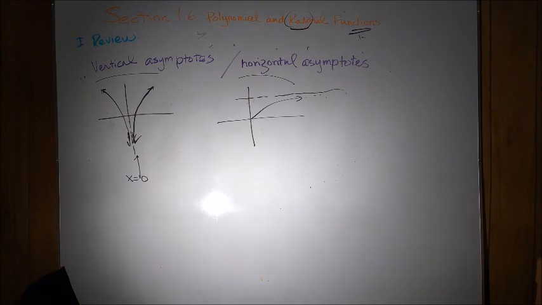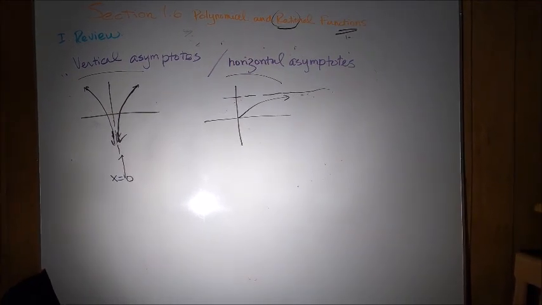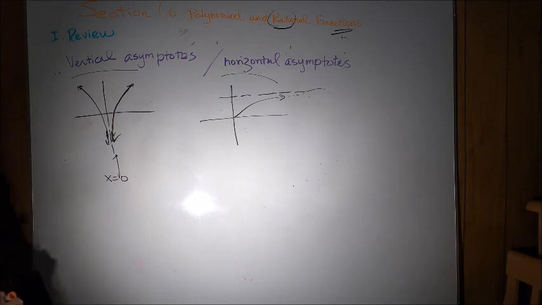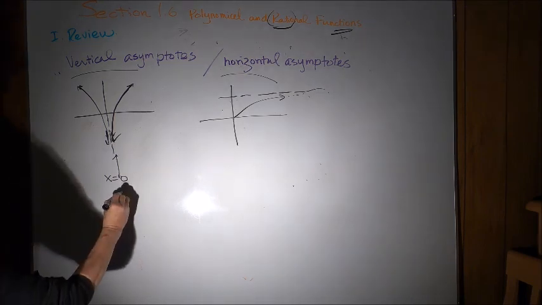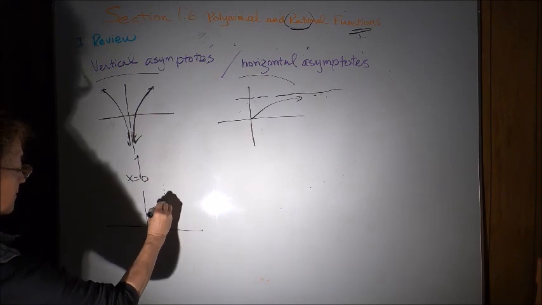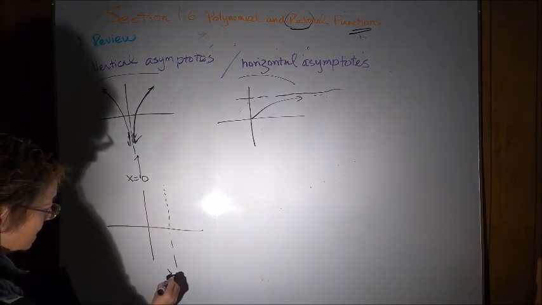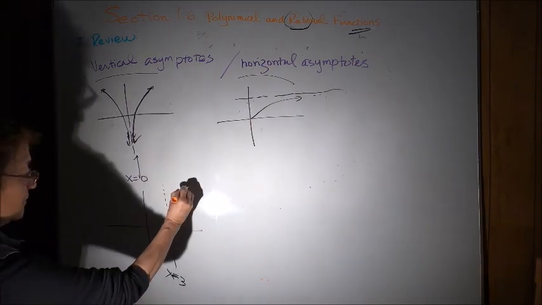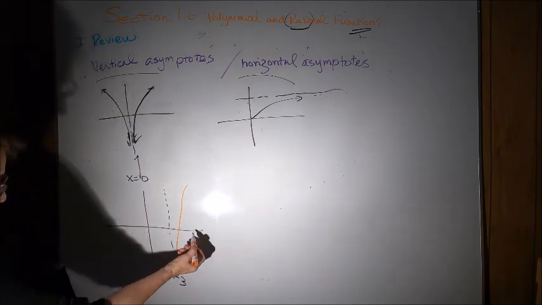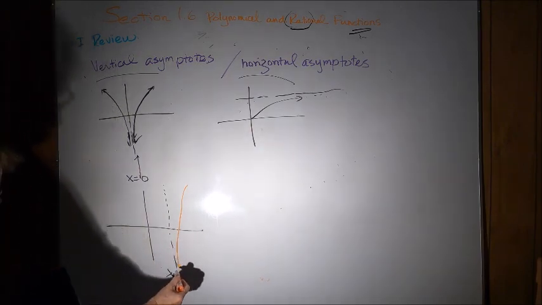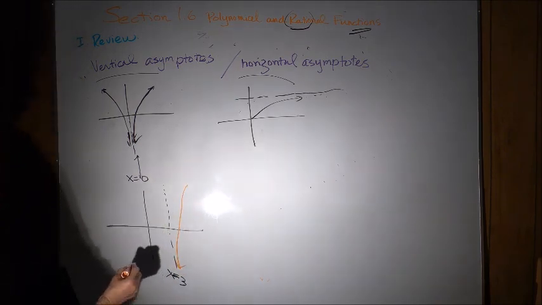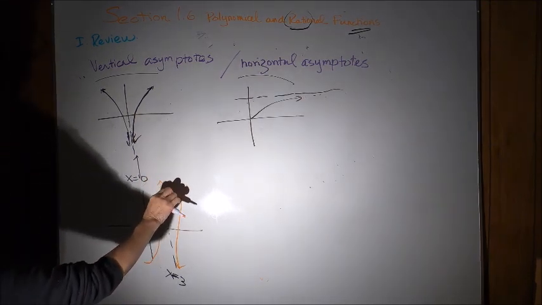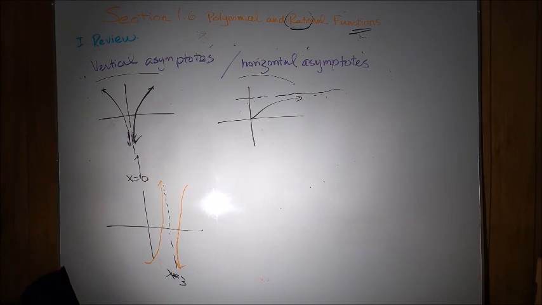It may look this way, two lines. Or if this is my x equals 3, x approaches 3, then your y value keeps going down. Or it might be like this, y value keeps going up but never touches the line.